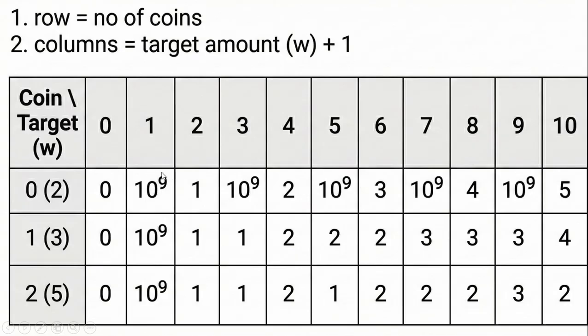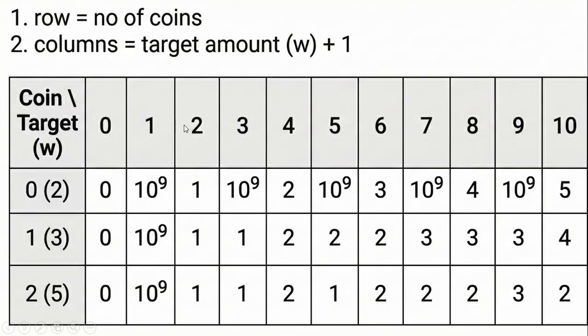In this scenario, we will write an unexpected value, a value which will never come in our program or our result, a huge value. Here I write 10 power 9, which will never ever come in our result, only to fulfill this condition.